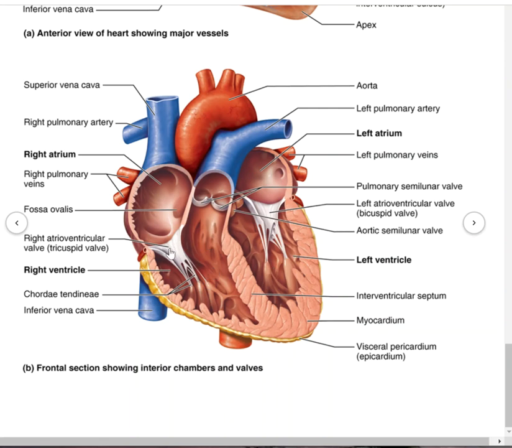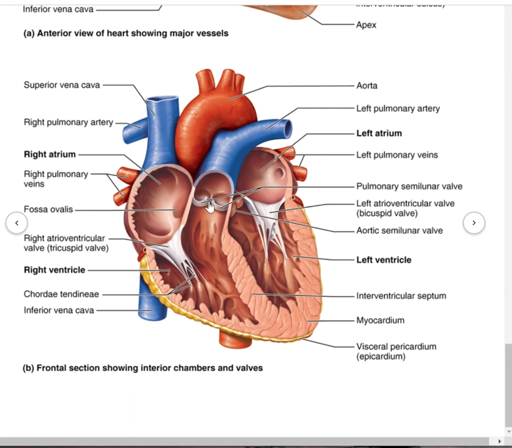Here is our right AV valve, also called tricuspid because there are three little flaps or cusps. We have our left AV valve, which is called bicuspid because there's only two of them. Okay. That also has a third name called the mitral valve. So many names. This is our left AV valve.